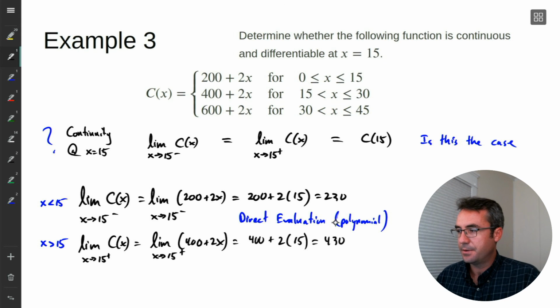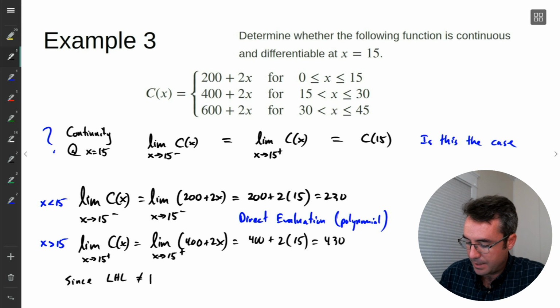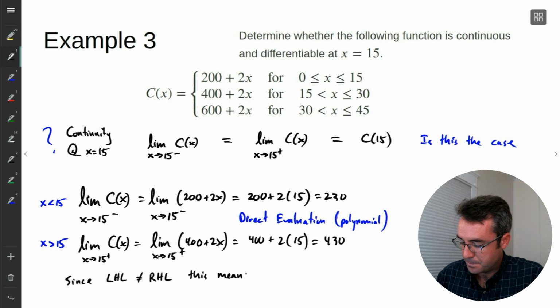Since the left-hand limit does not equal the right-hand limit, this means the limit of c of x in general as x approaches 15 does not exist.